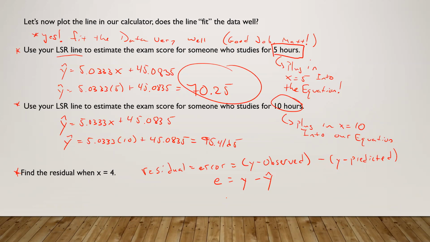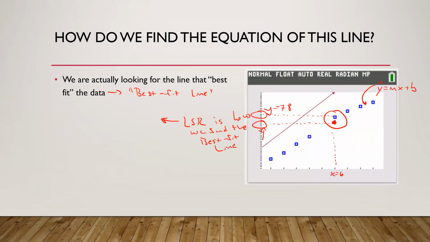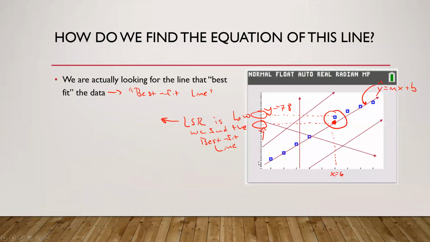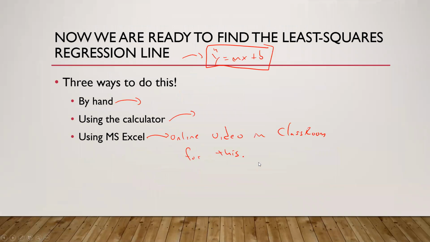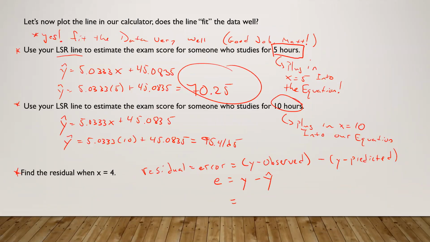All right, so look back at the table here. Okay, I'm going to go back for a second. When somebody studies for 4 hours, what did they actually get on the exam? 65. Okay, so that's our Y actual value, okay? Where are we? Right here.